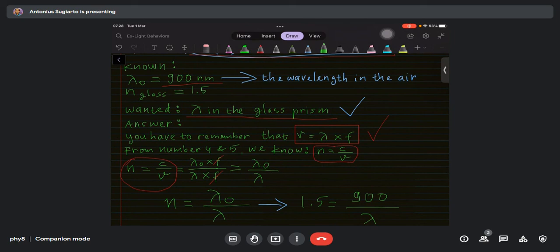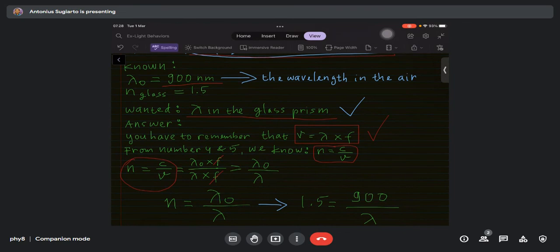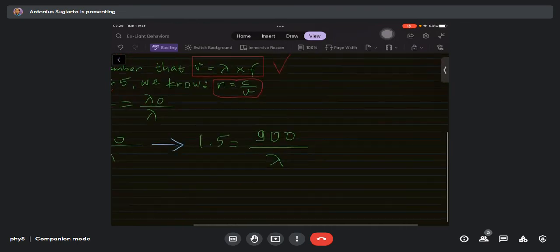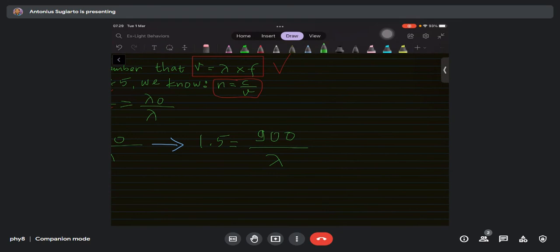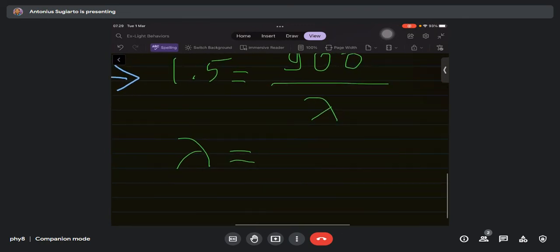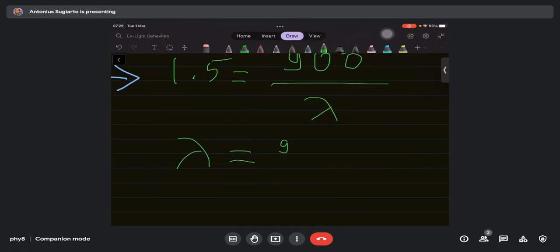So we can calculate the lambda now. Lambda equals 900 divided by 1.5.